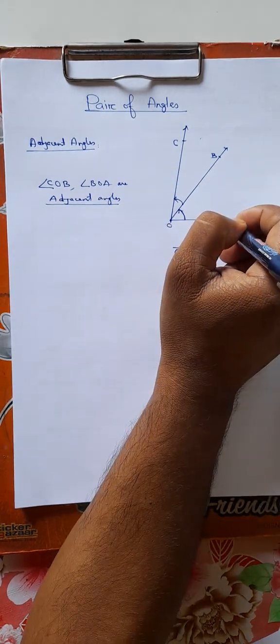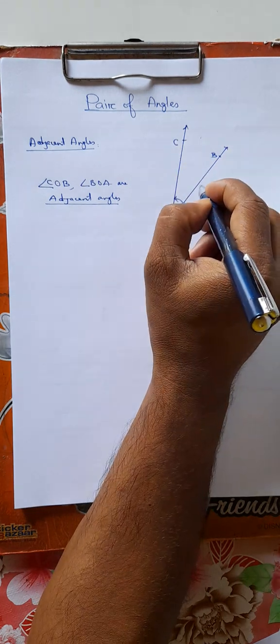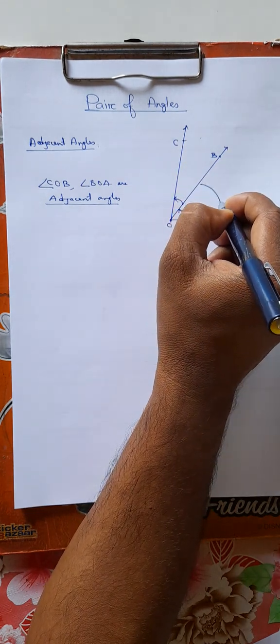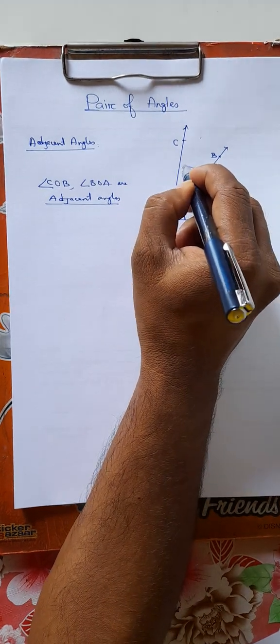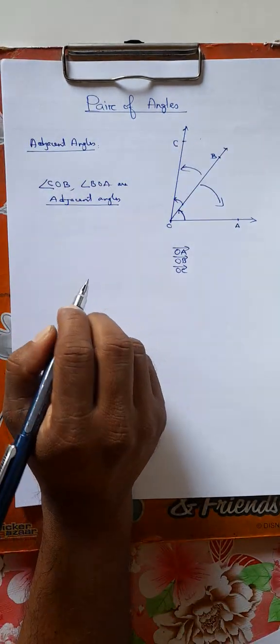You see non-common rays are OA and OC. One is this side and another is this side, right? So these are called adjacent angles.